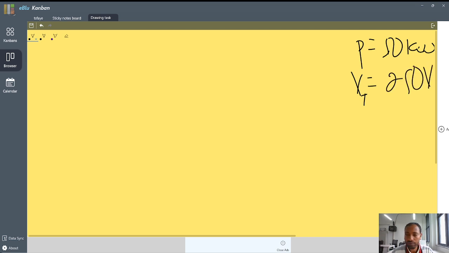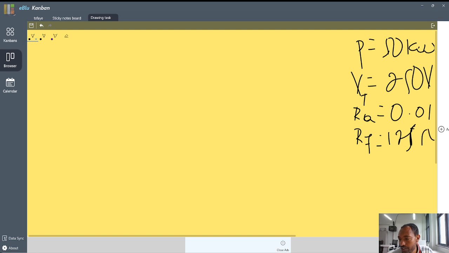Armature resistance is given, 0.01 ohm. And field resistance RF is given, 125 ohm. See, it is a high resistance value. And the total conductors of our armature are given, 201, and the flux per pole is given, 0.02.